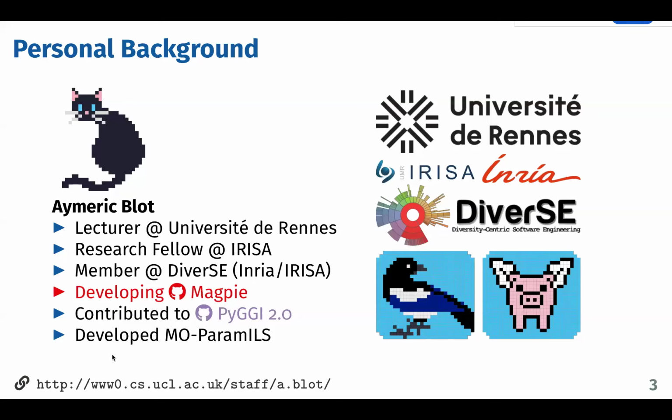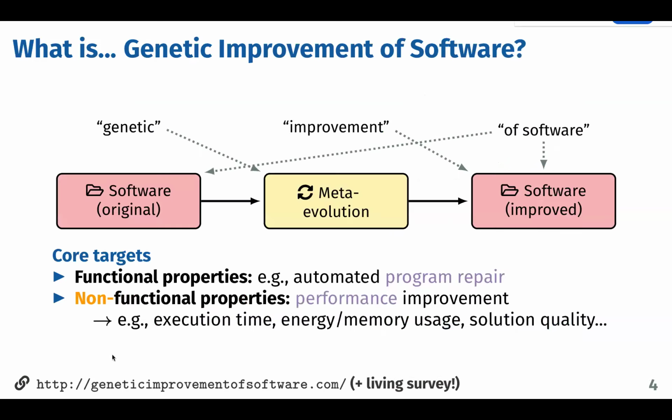I'm giving this talk because I am the main developer of Magpie. And before that, I worked on Piggy, which is another Python framework to do genetic improvement. And before that, still, I developed MOParam-ILS, which is a framework to do parameter configuration, algorithm configuration. So this is where I came from.